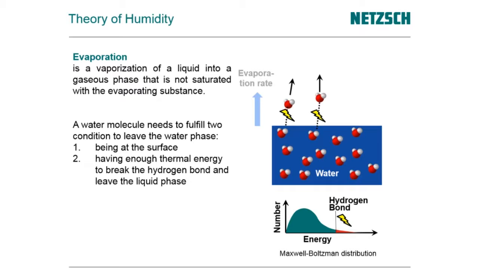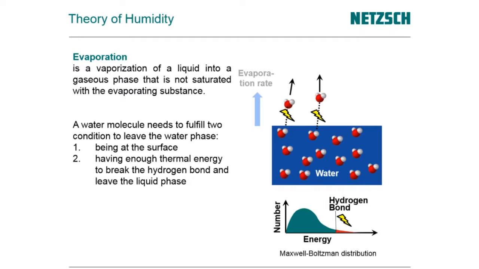This means these few molecules are able to break this bond. So if these molecules have this high energy content and they are on the surface of the liquid water, there is the possibility that they are removed from the liquid state and go into the gaseous state.